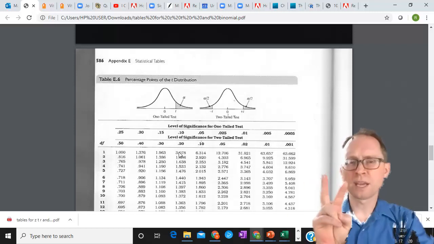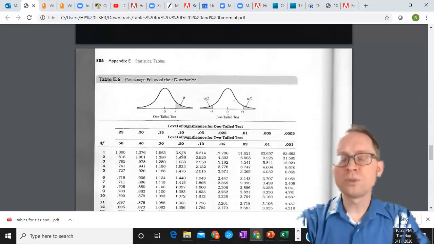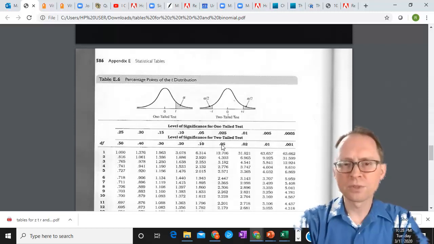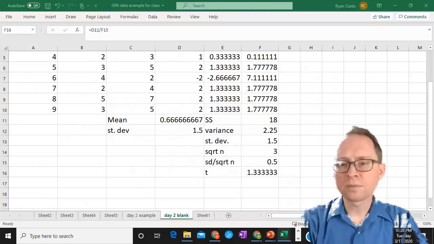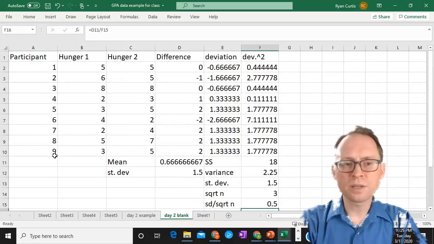A two-tailed test with alpha equals 0.05. When we do a two-tailed test, alpha equals 0.05, then we are looking at alpha equals 0.05 right here, and this is the level of significance for a two-tailed test. So we're looking in this column right here. If you remember, we had 9 people. There they are. We have 9 participants here.